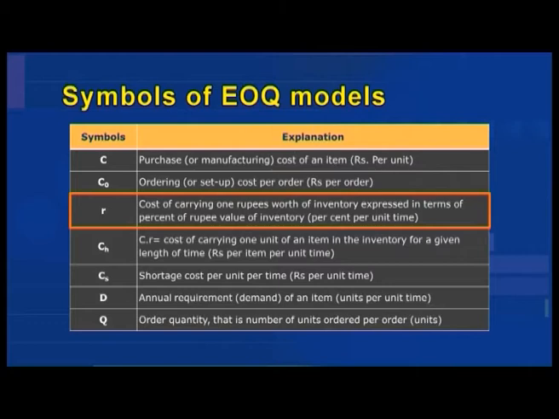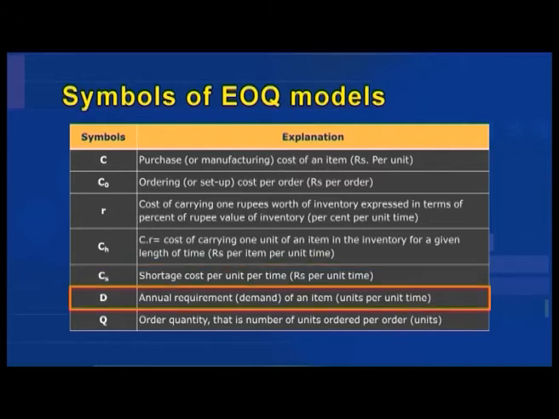R denotes cost of carrying 1 rupee worth of inventory expressed in terms of percent of rupee value of inventory, percent per unit time. C of H denotes C into R, equal to cost of carrying 1 unit of an item in the inventory for a given length of time, rupees per item per unit time. C of S denotes shortage cost per unit per time, rupees per unit time.